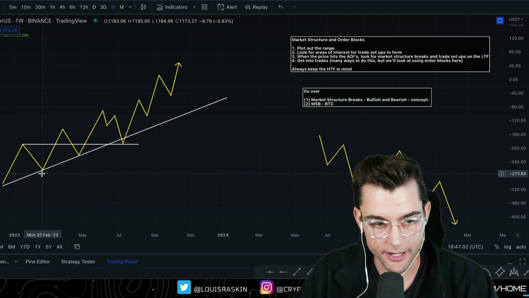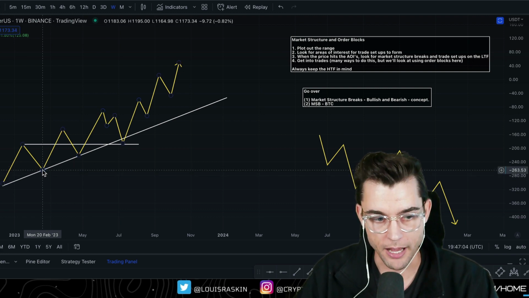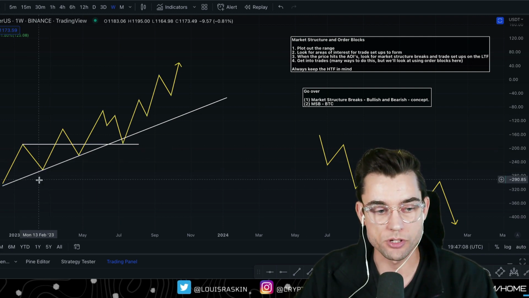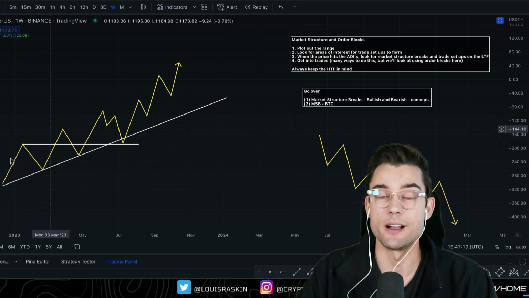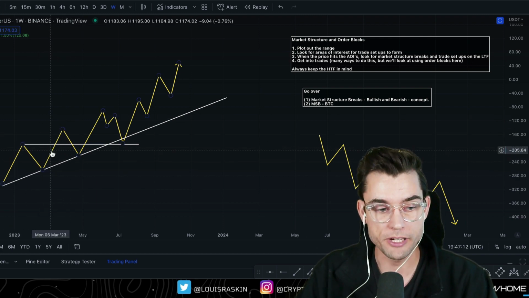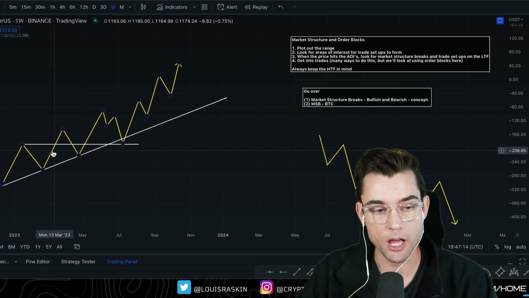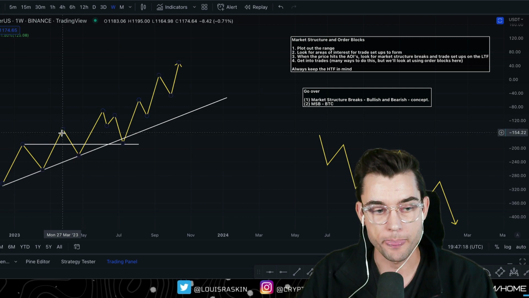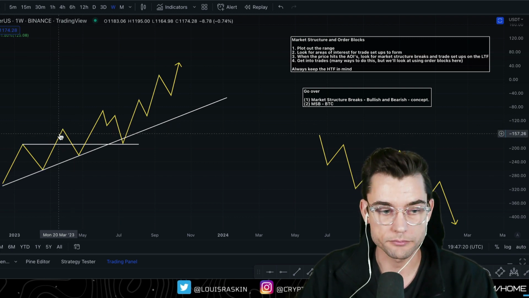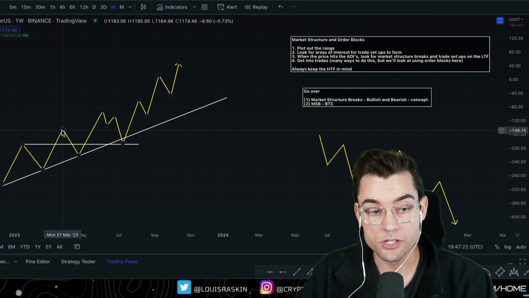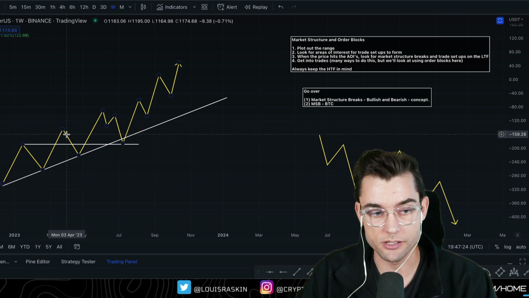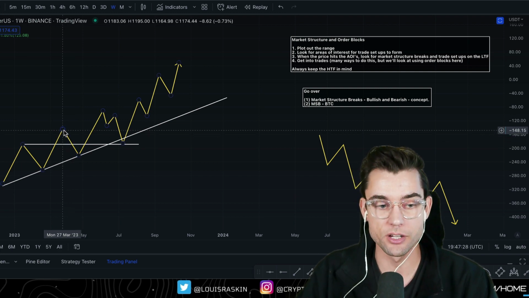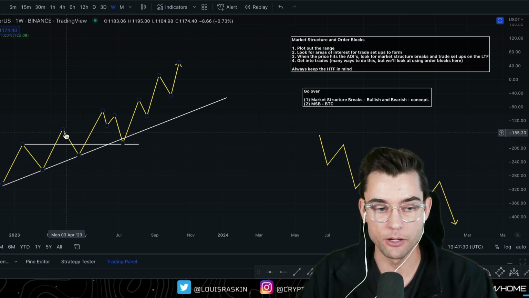So what happens is they start filling their bags, and eventually they end up buying so much, and there's not enough liquidity, that it starts shooting the price up, and the process begins again where retail will say, oh, the price is moving up, and they start buying and buying. Then right here, more big money starts selling, but they don't sell as much, but they still move the price down.